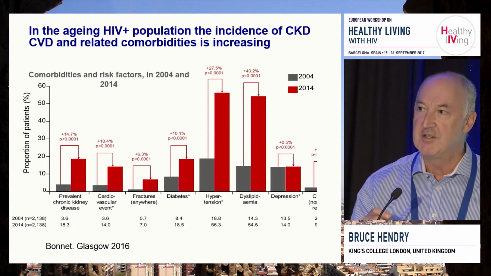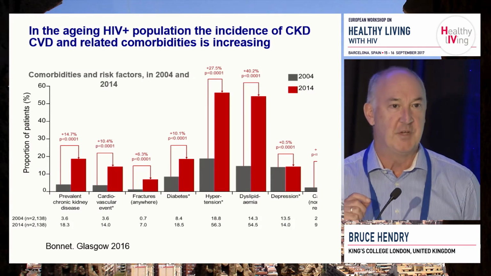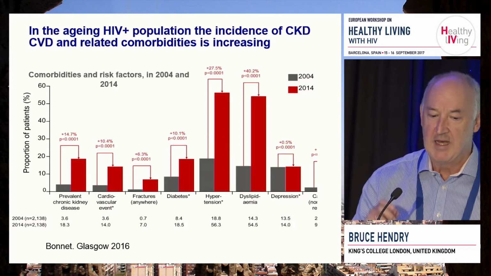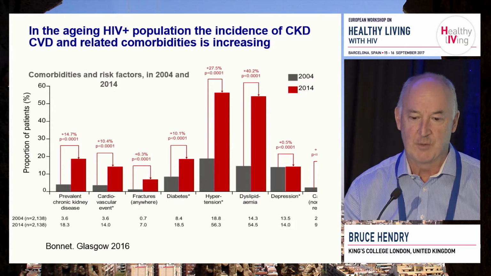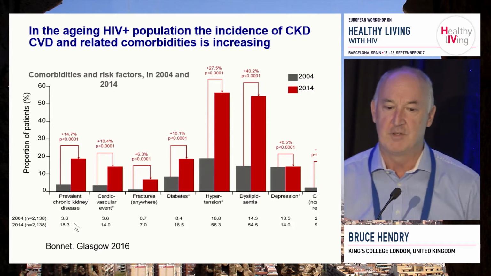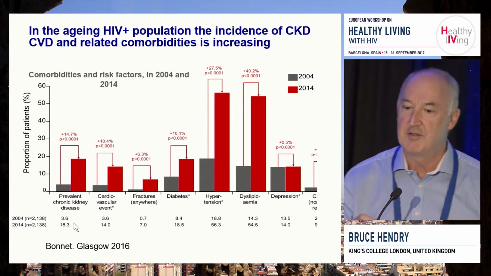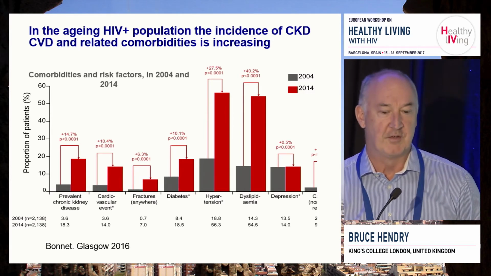That is not a stationary target, but it seems to be a moving target. And you just focus here on the left-hand side. This is a study from the Aquitaine region of Western France, looking at the prevalence of different comorbidities, comparing 2004 with 2014.